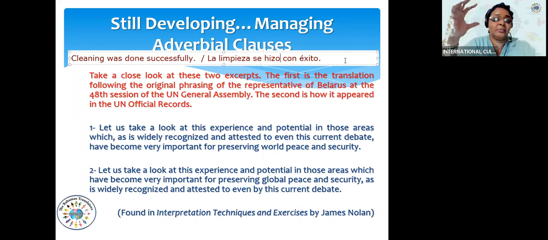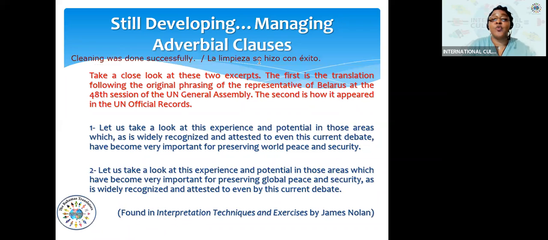But in this case, cleaning is a gerund used as a noun because it's giving you the idea of the thing that was done. So this thing was done successfully. So in that case, I'm going to use in Spanish a noun, and I'm going to say that this was done. In English, I use the passive voice because the nature of the language allows me to do so. But in Spanish, I have to use the active voice because Spanish is a more active language.